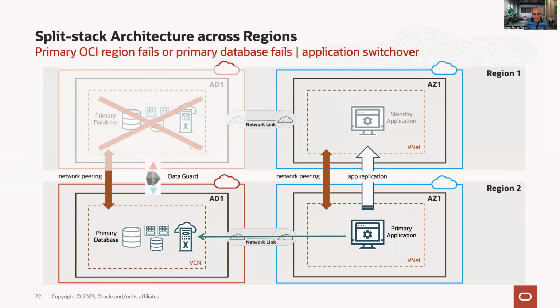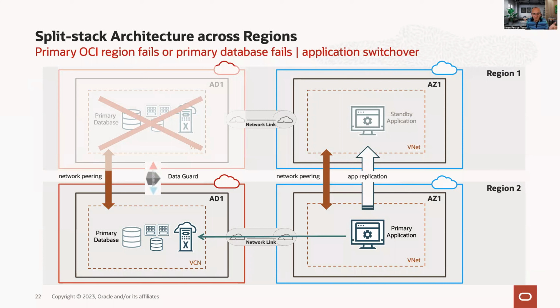Similarly, if the primary OCI region or the primary database fails, in this case you will need to switch over the application. So here again, you have the primary application and the primary database in region 2, in Azure and in OCI, always having the primary application and the primary database next to each other in the same geographical region.